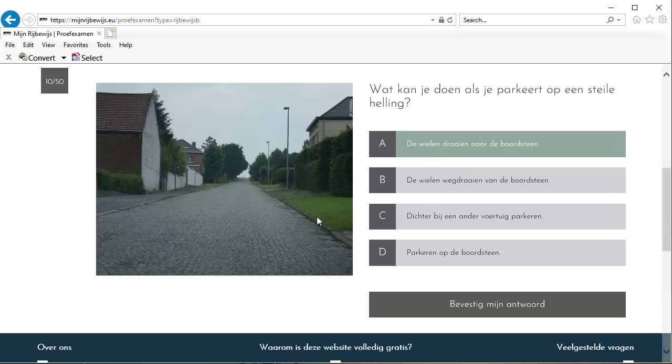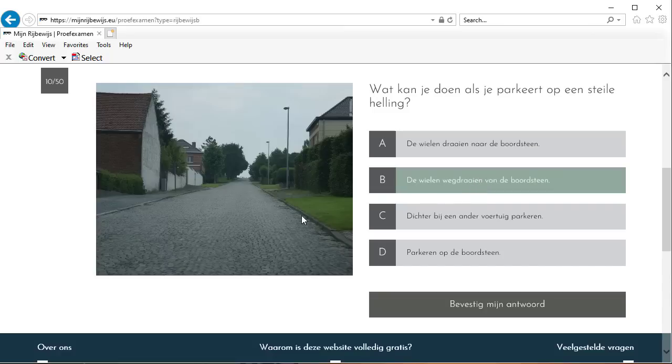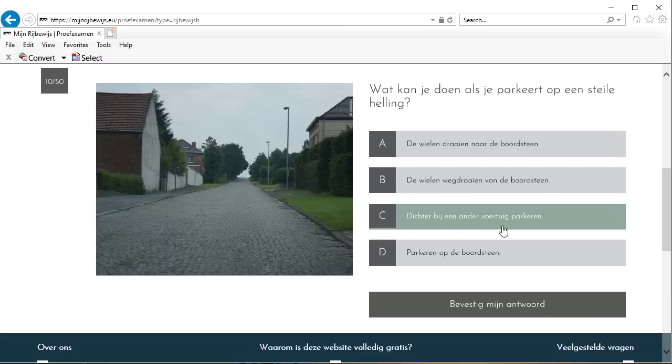B, turn the wheels away from the curbstone, so turn the wheel like this. Option C is park it close to another vehicle. And option D is park on this curbstone.